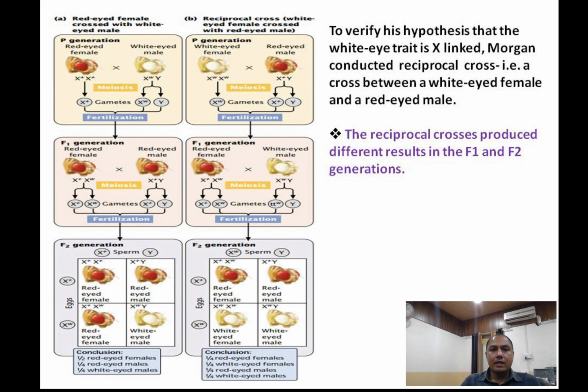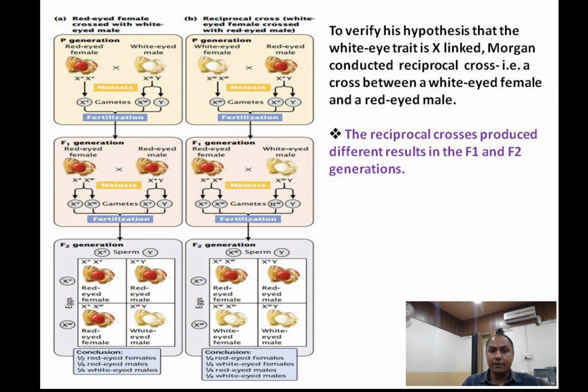Then he found in the F1 generation the appearance of white-eyed males, which was not consistent with the original experiment. So here is the first difference: reciprocal crosses do not produce the same kind of result in the F1.